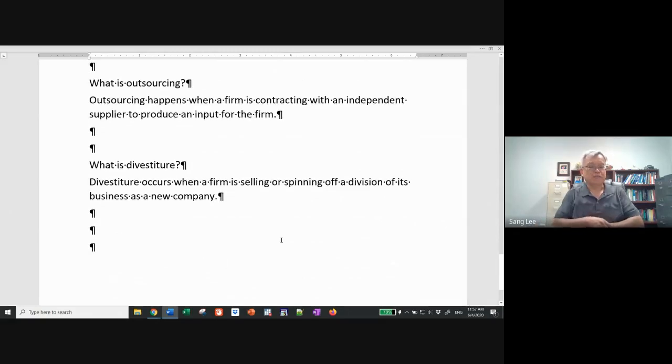So first, outsourcing. Outsourcing happens when a firm contracts with an independent supplier to produce an input for the firm. For example, Apple contracts with a Taiwanese memory chip maker, and that company is obligated to supply a certain amount of computer chips to Apple on a regular basis.